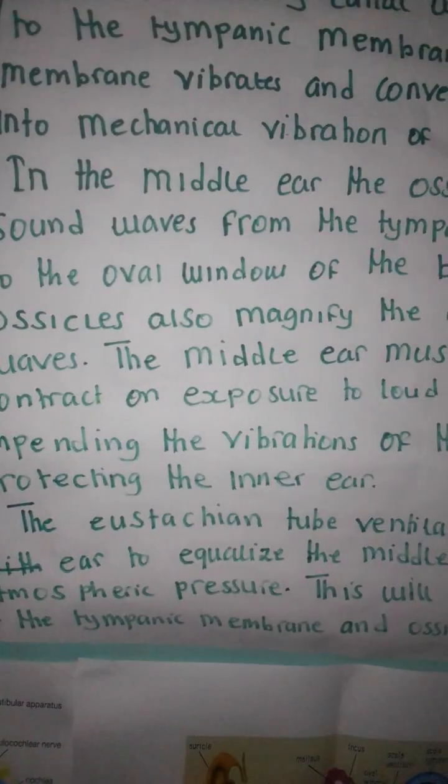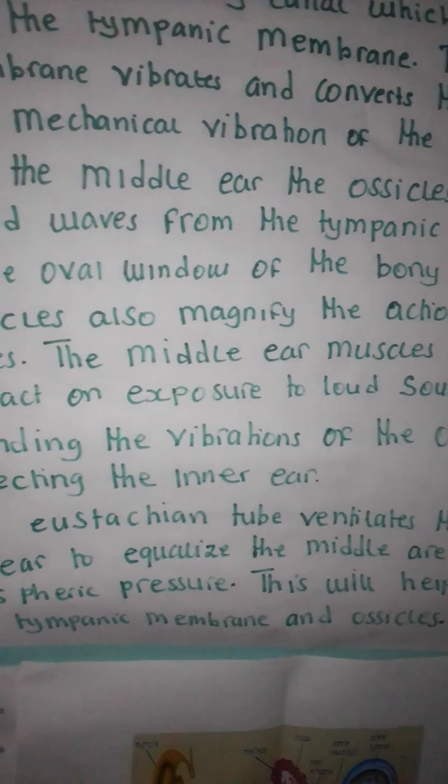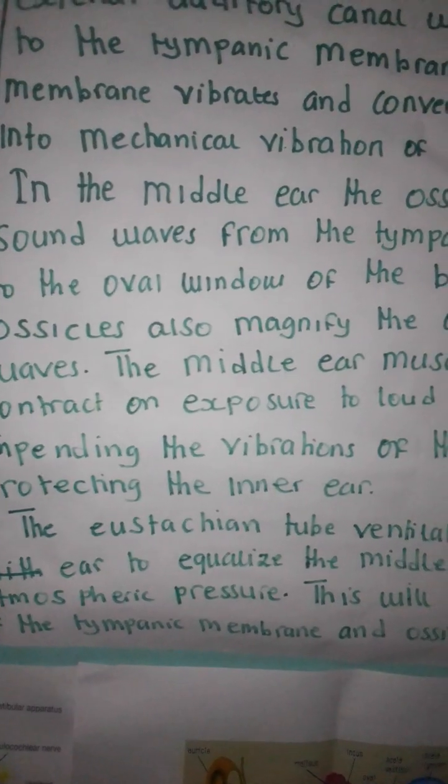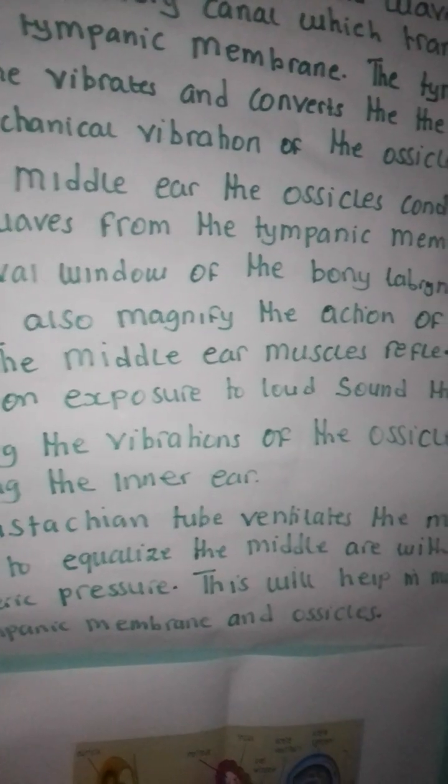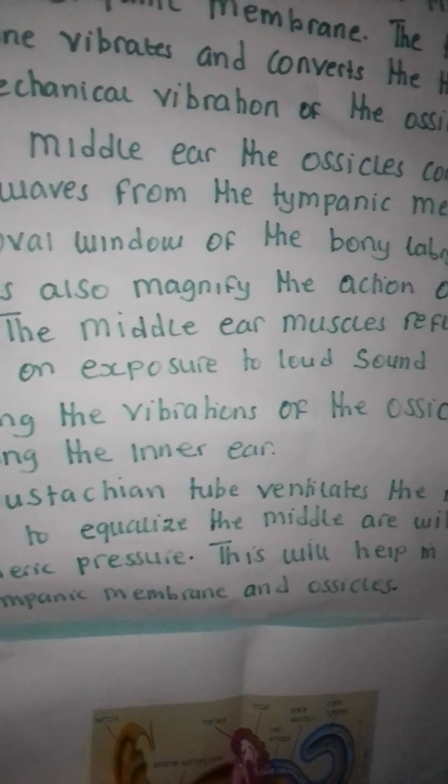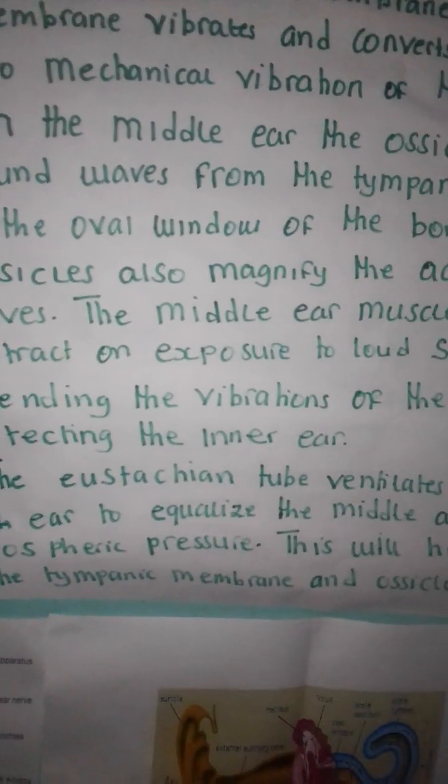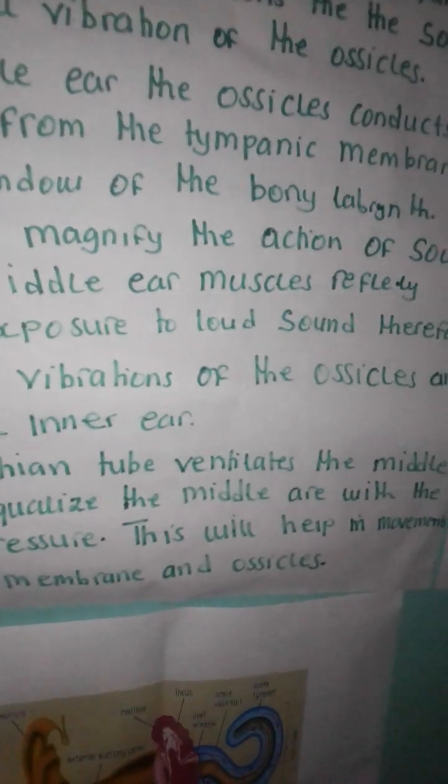The eustachian tube ventilates the middle ear to equalize its pressure with the atmospheric pressure. So this will help the movement of the tympanic membrane and the ossicles.